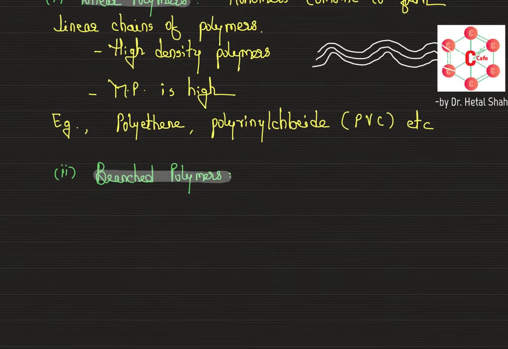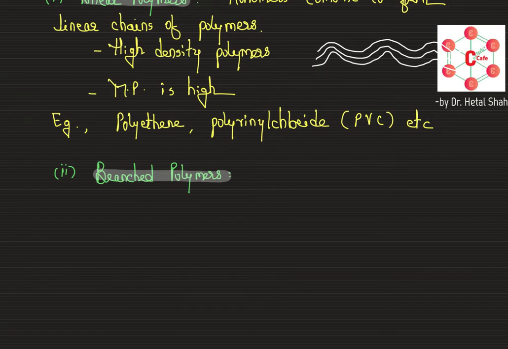Branched polymers, that's the second one here. As the name tells you, it's a branched polymer, right? So here, polymeric chains which are formed have branches. So the polymeric chains have branches here, right?